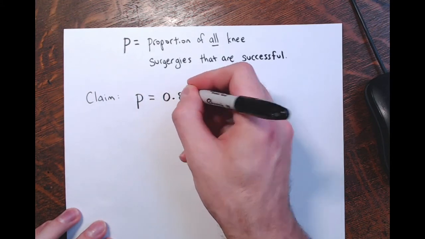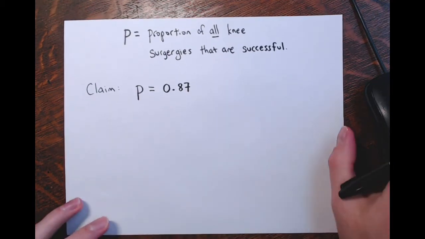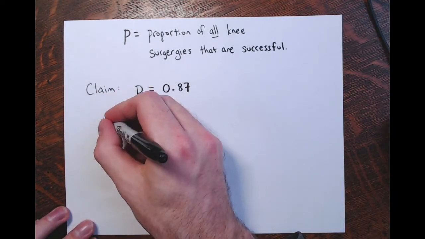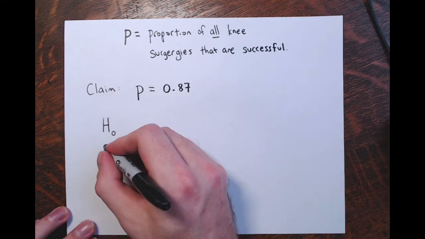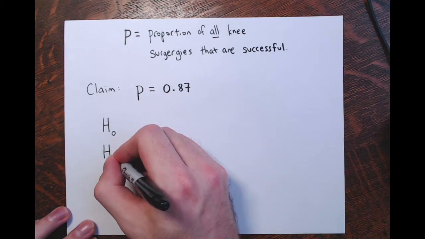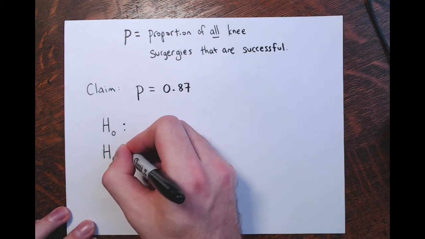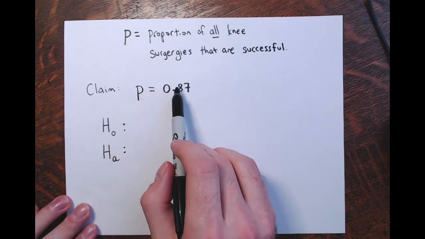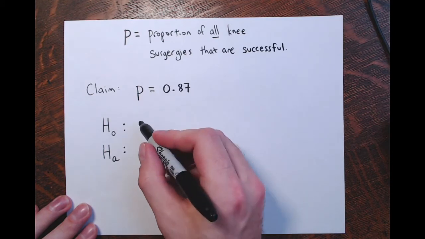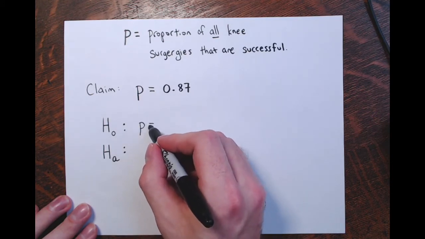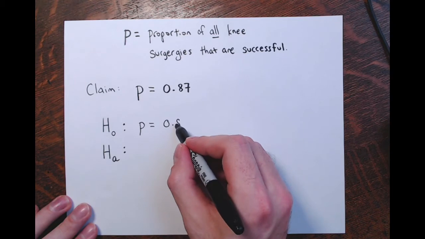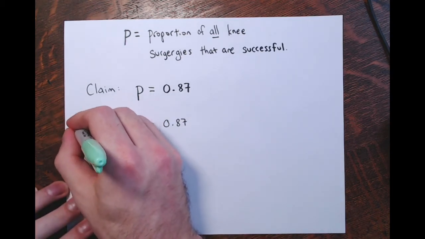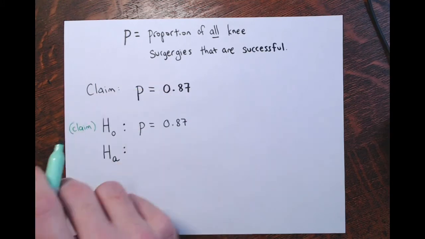And once a claim is identified, you determine your hypotheses: null hypothesis, alternative hypothesis. The claim involved equality, so the claim is represented here by the null hypothesis.